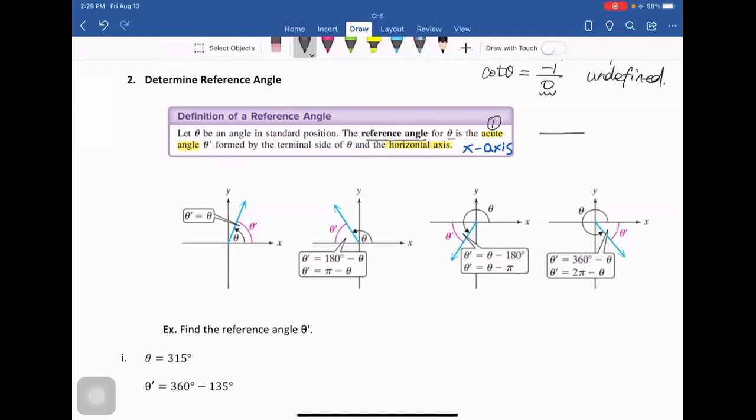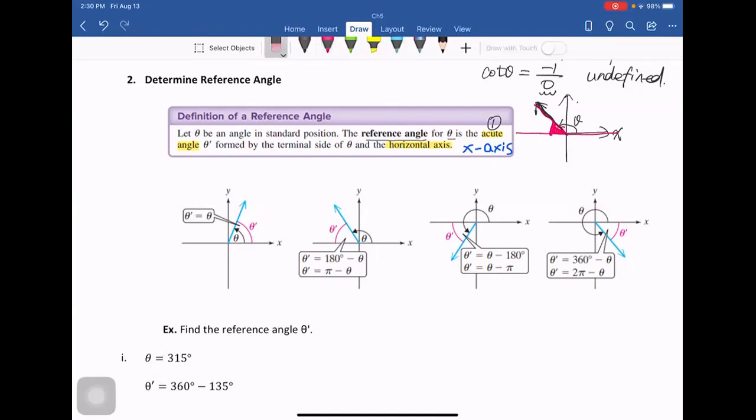That means if I have an angle, maybe this is theta, and the terminal side is here. The reference angle is formed by this terminal side and the x-axis, that is here, because it's an acute angle, less than 90 degrees. So between this one and this one, I must choose this angle because this is the acute.